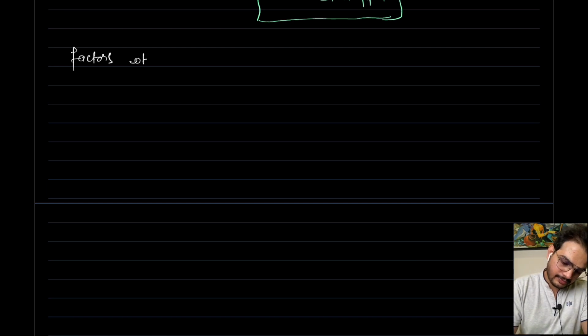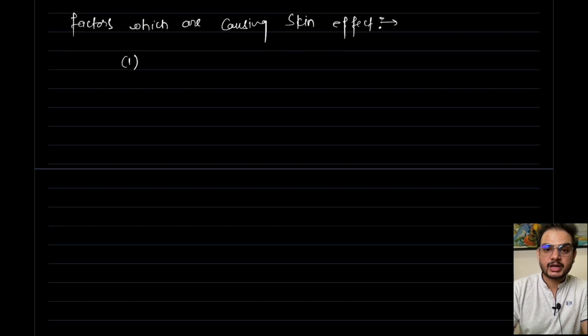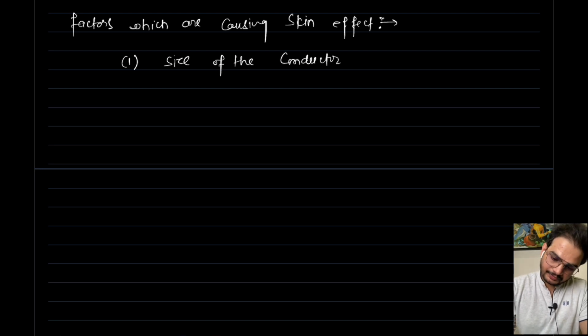Factors which are causing skin effect. The first factor is the size of the conductor. This size of the conductor is directly proportional to the diameter of the conductor.